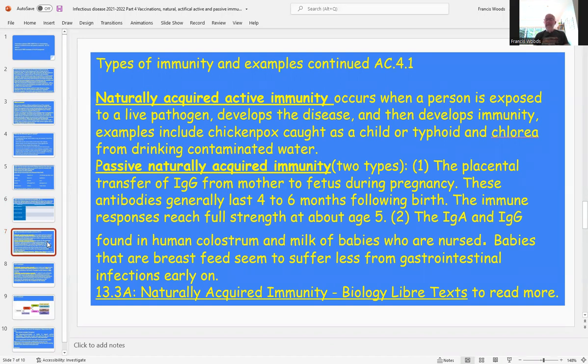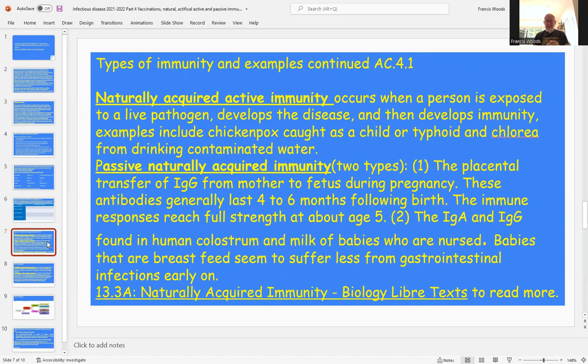Sometimes, if you want to use one for overseas, typhoid and cholera, still outbreaks in the world, and that's from drinking water. And so you drink it, you get either the typhoid bacterium or the cholera, and you're exposed to these, and hopefully you survive, but you get some partial immunity.